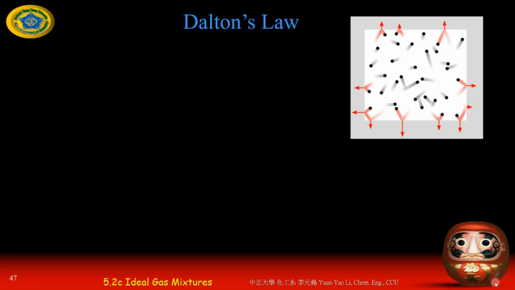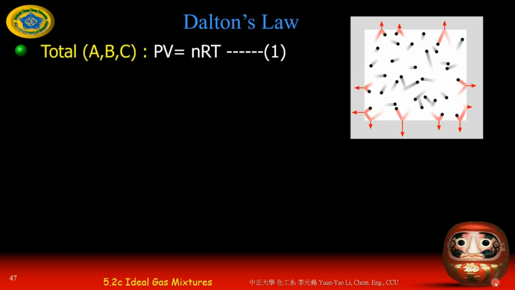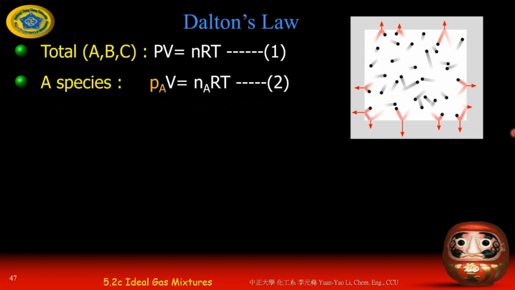If we have the definitions like this, let's go through Dalton's law first. What is Dalton's law? For example, we have three types of species in this container, and P times V equals nRT. Let's regard this as equation 1. And then for species A, p sub A times V equals nRT.